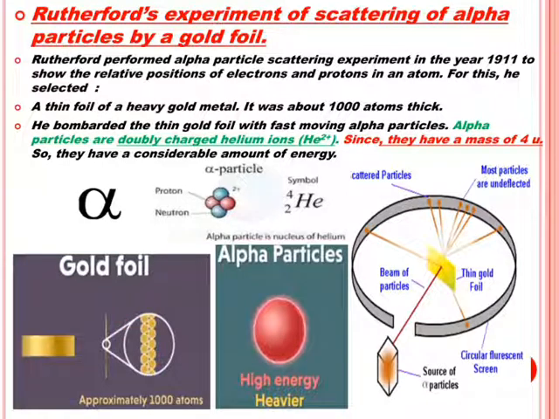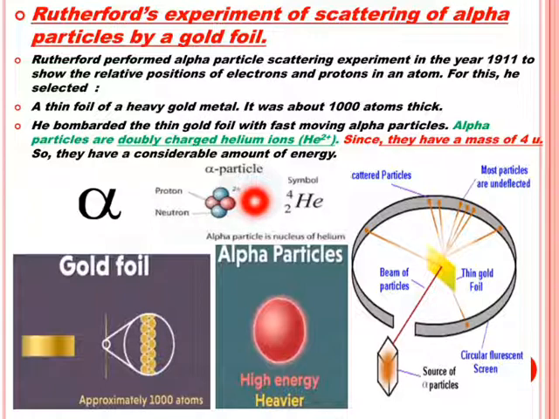In his experiment, he bombarded this thin gold foil with fast moving alpha particles. Now let us see what alpha particles are. Alpha particles are doubly charged helium ions. You can see one helium ion carries a charge of +2 units, which is twice the charge on a proton.